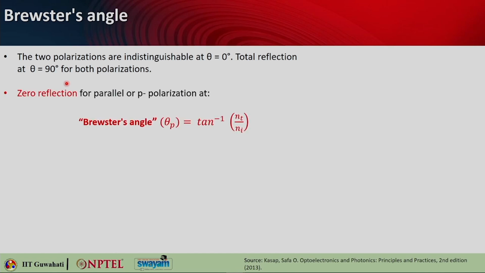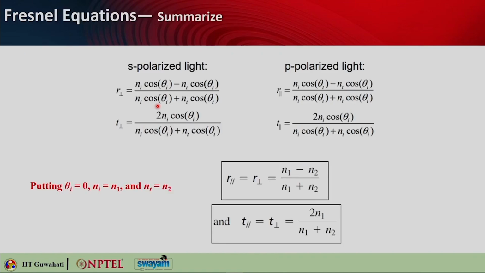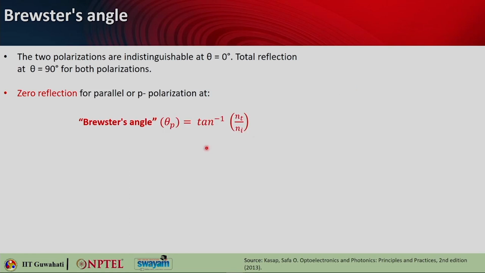Now there is a possibility of 0 reflection based on the equations. If you look at P polarization, there is a possibility that the reflection can be 0 when this term and this term become 0, and that is the particular angle which is called Brewster's angle. So you can have theta P given as tan inverse of Nt over Ni.